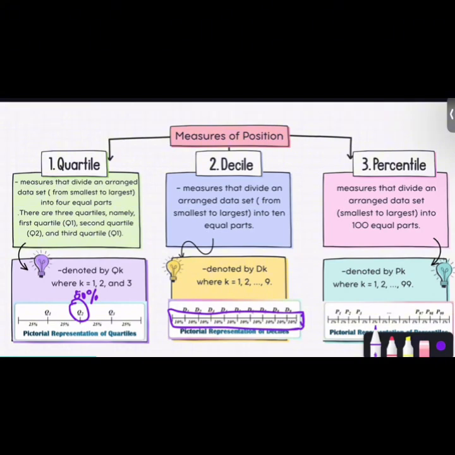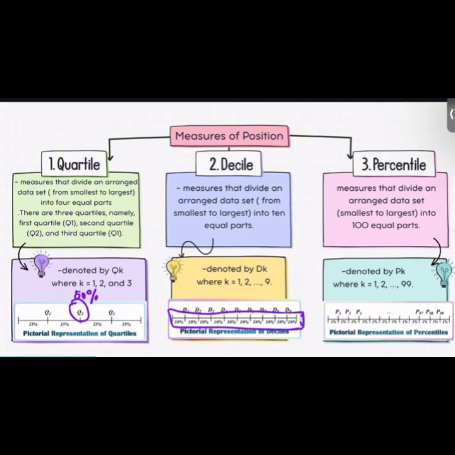While percentile is divided into 100 equal parts, it no longer fits in our representation, but it is divided into 100 equal parts. Each part consists of 1%. So percentile 1 is 1%, percentile 2 is another 1%, until we reach 100%.